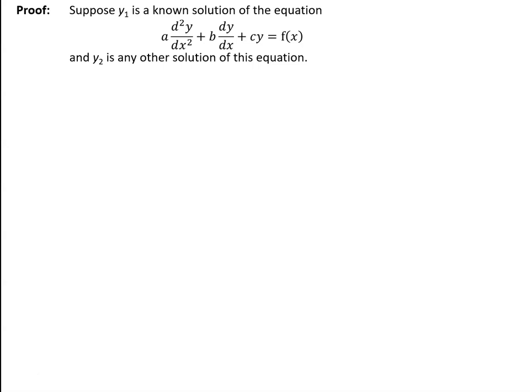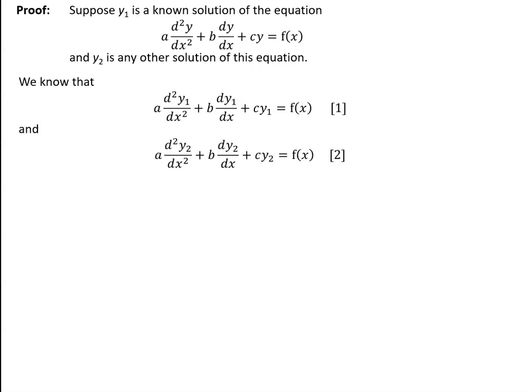Suppose that we know that y1 is a solution of the equation a times d2y/dx squared plus b dy/dx plus cy equals f of x, and y2 is any other solution of this equation. Then that means that a times d2y/dx squared plus b times dy/dx plus c times y1 must equal f of x, and exactly the same equation holds if we replace y1 by y2.